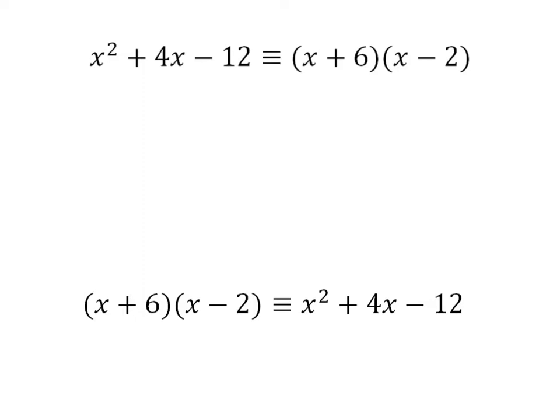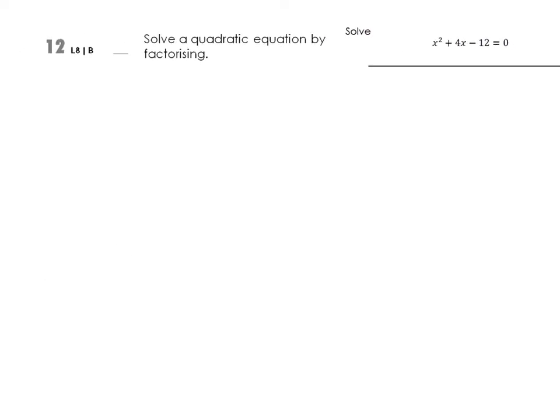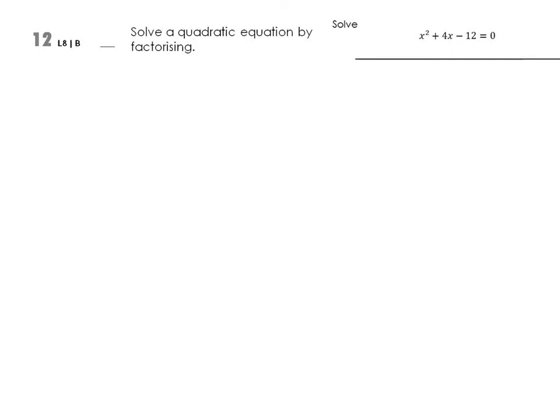In the question we're looking at, we happen to have been given the expression in expanded form, and in order to solve the equation, we need to get it into factorized form. So, let me show you how to do that. It's very easy.